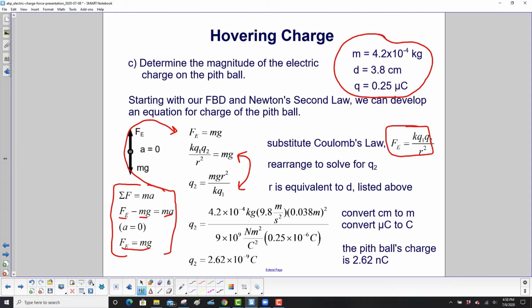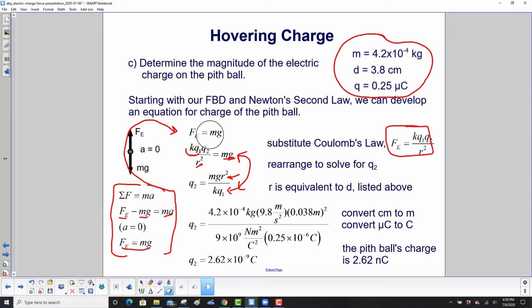If we want to get q2 by itself, we have to multiply by r squared, right, because it's in the denominator, so there it is on the right side. And of course, anything we do to the left, we have to do to the right. Then we have to divide through by kq1, this term here, and there it is. And we have mg on the right side. So q2 is mgr squared divided by kq1.